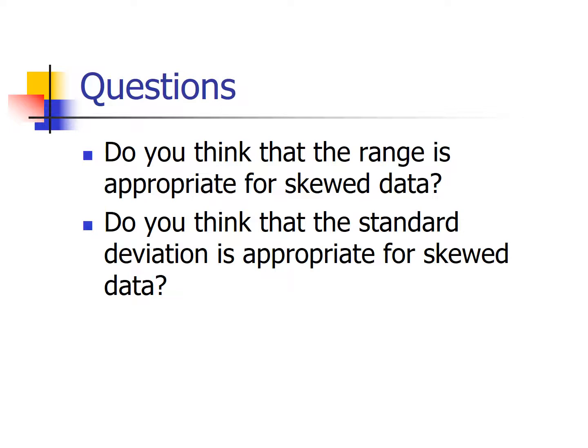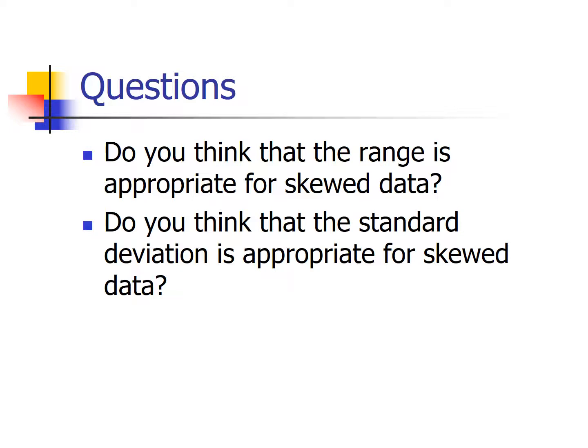What about the standard deviation? Do you think that that's appropriate for skewed data? Do you think the standard deviation is resistant? Well, here it's maybe a little more subtle than the other one, but the answer is going to be no. One way to think about it is that the standard deviation is a house built upon the foundation of the sample mean.